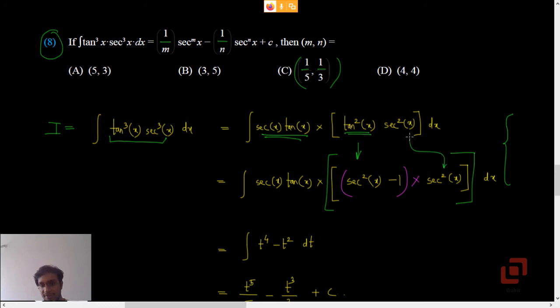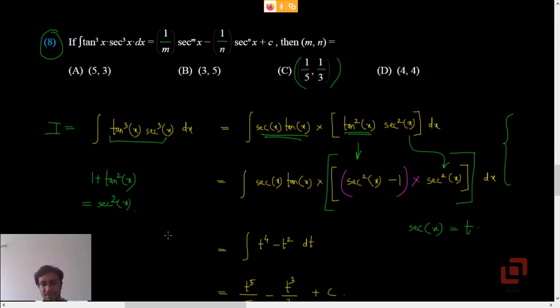Okay, keep sec squared x as it is, write tan squared x as sec squared x minus 1, because 1 plus tan squared x is equal to sec squared x, one of the fundamental identities. Then simple, substitute sec x as t.